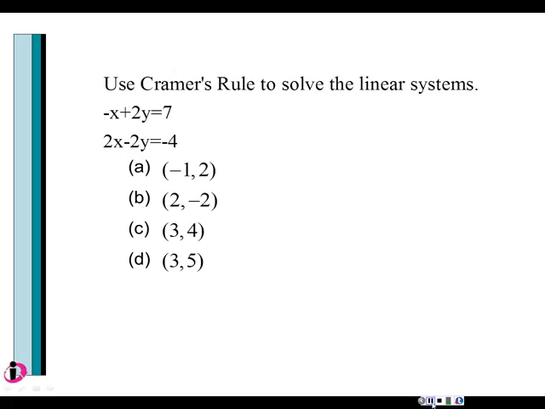Let's write 14 here. This becomes -10, divided by -2, which is 5. We have the same answer. Now, this was what we did for solving the system of linear equations with 2 variables by Cramer's rule.